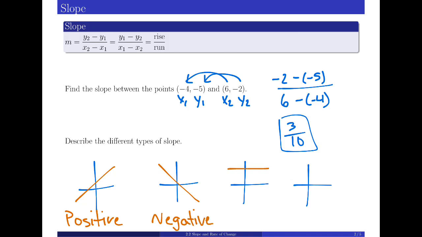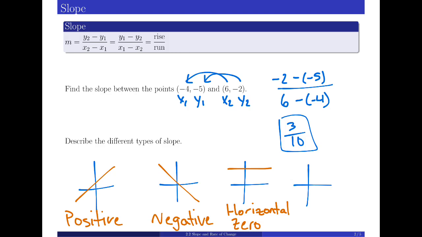If we have a line that is horizontal, we could describe it as horizontal, but then what's the slope of that? In this case, the slope is 0. There's no rise while it has a run, so it's 0.